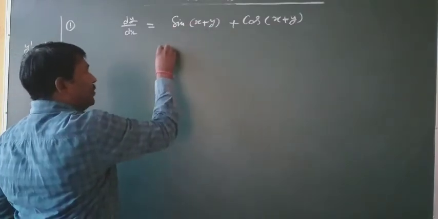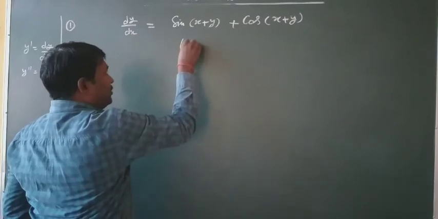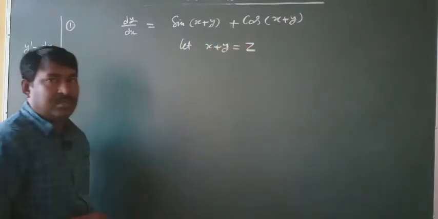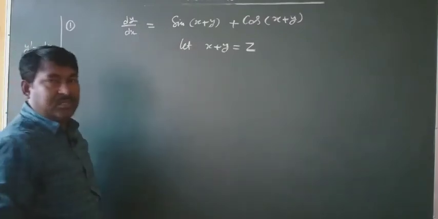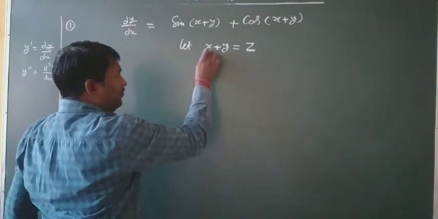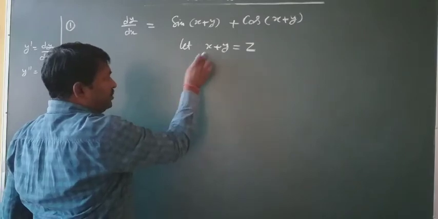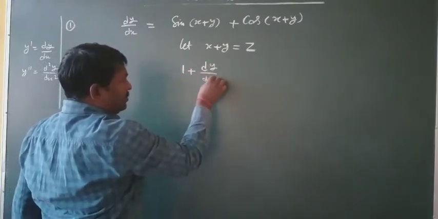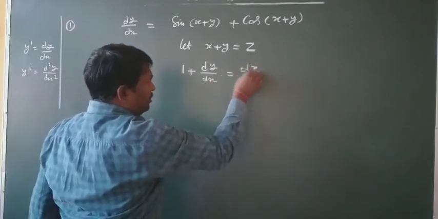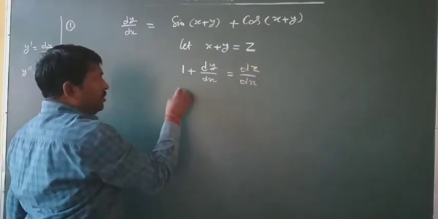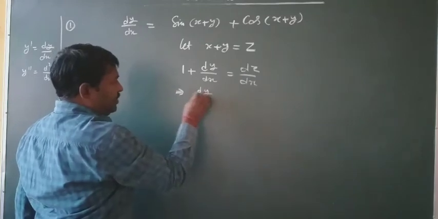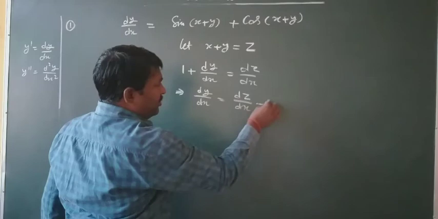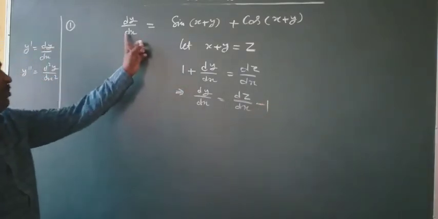So here let x plus y be equal to z, a new variable. Now find the value of dy by dx. Differentiating both sides, the differentiation of x is 1 plus dy by dx is equal to dz by dx. It implies that dy by dx is equal to dz by dx minus 1. Now put this in place of dy by dx.